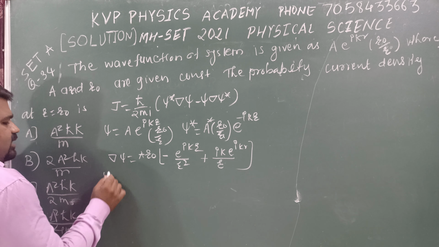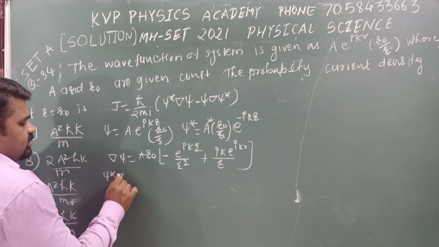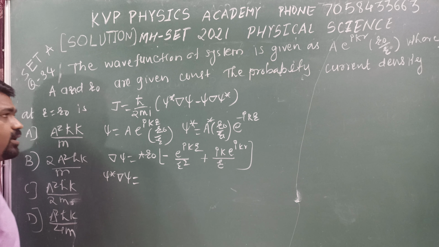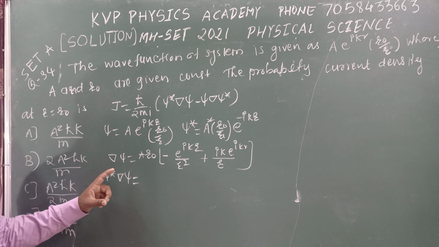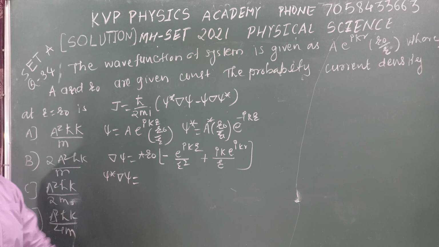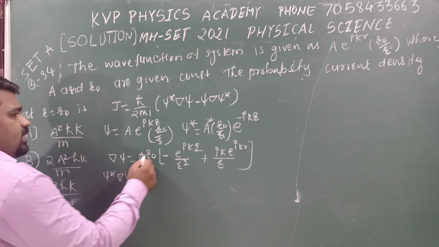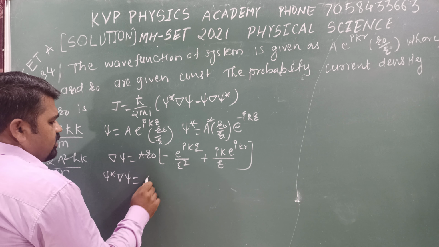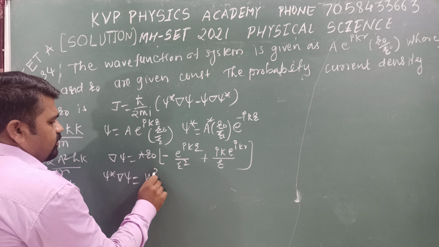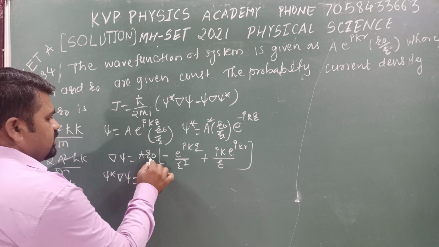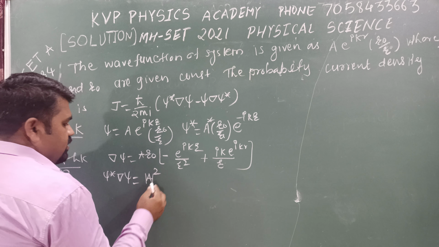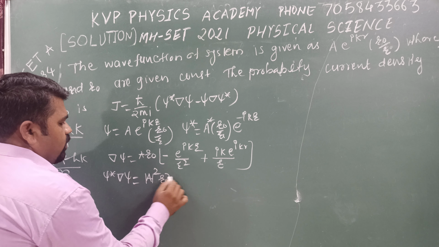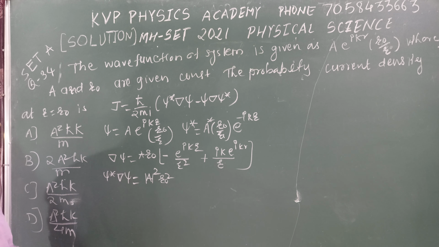We can multiply it by ψ, then ψ* ∇ψ. What is the value of ψ*? ψ* is equal to A* r/r₀. A into A* is mod A squared. Got it? Next, here is r₀, here also r₀ squared, so r₀ into r₀ squared.